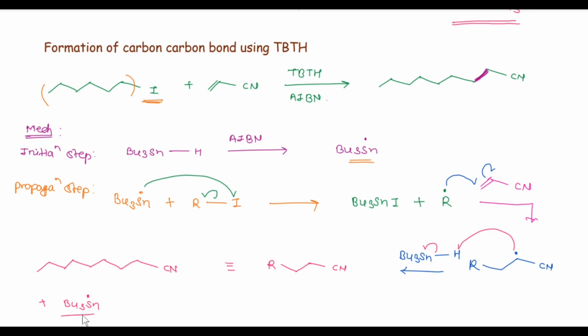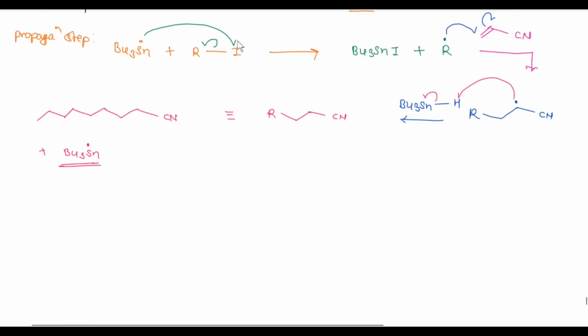This radical further reacts with another molecule and the chain reaction takes place. We can alternately represent this mechanism of the reaction cyclically like that.